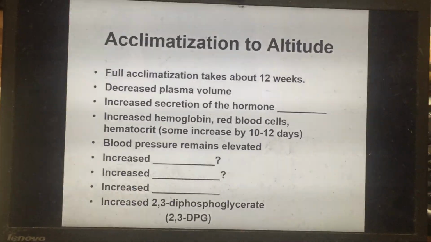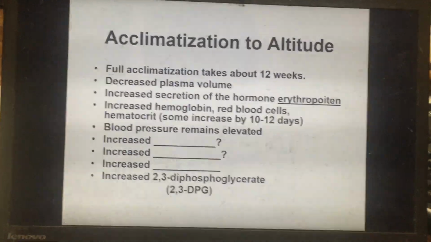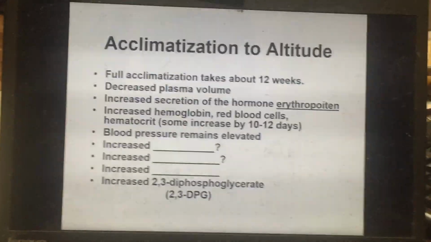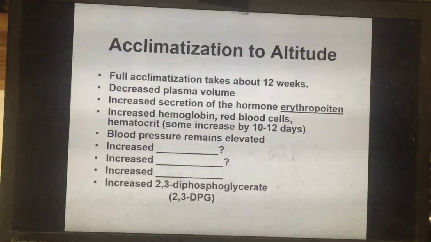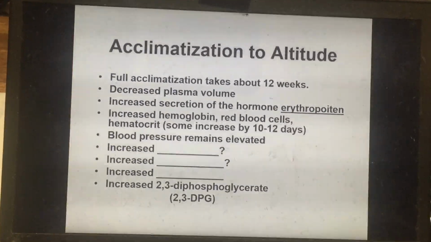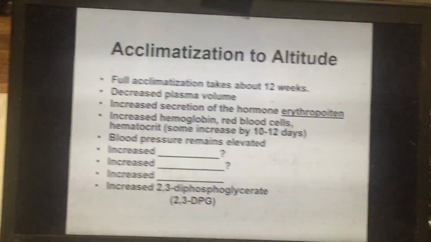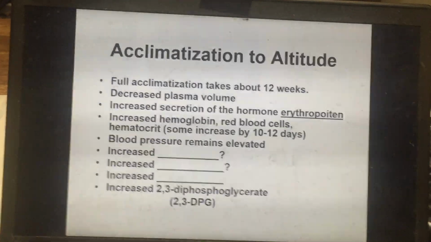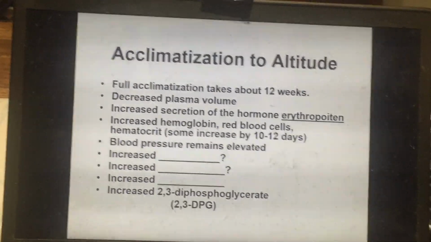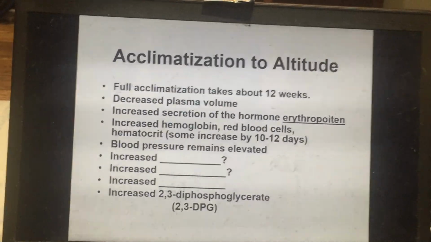Your body compensates by increasing secretion of a hormone called erythropoietin. Erythropoietin is secreted from the kidneys, and its effect is to increase red blood cell production. So you get an increase in hemoglobin and red blood cells, and that compensates for the reduced oxygen delivery to your tissues at altitude. The hemoglobin can pick up more oxygen and partially compensate for that hypoxia.